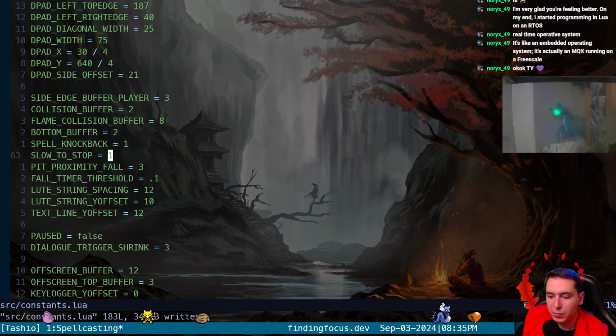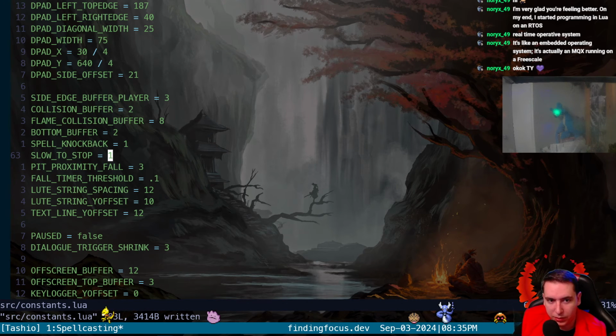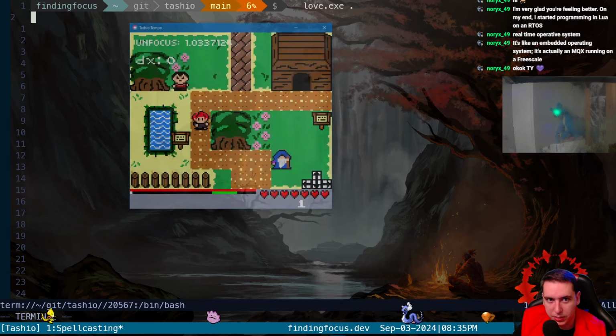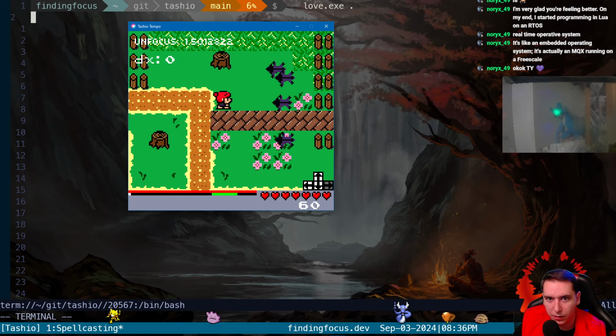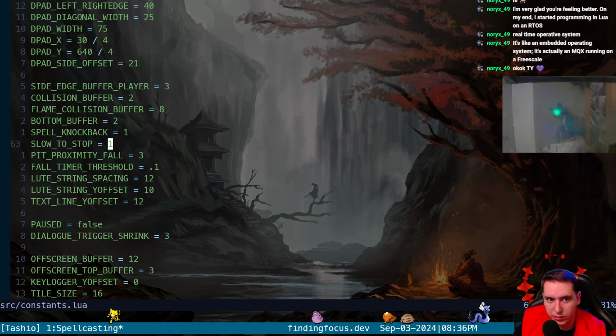So what this should mean is once we collide with a gecko, our dx would be 1 or -1. And then over the course of 1 whole second, it should decrement or increment up to 0. So we should slow to a stop over 1 second. Let's see. It looks like we're taking about 1 second to slow to a stop.